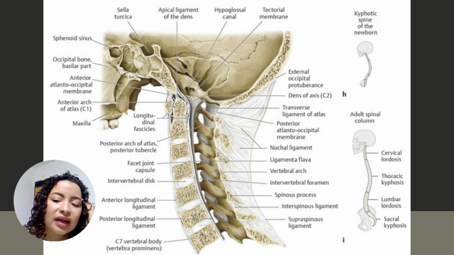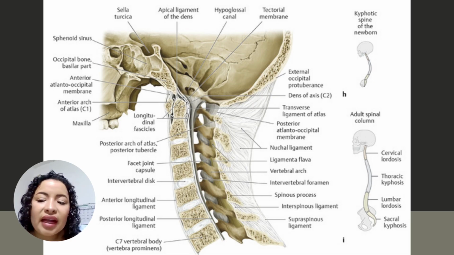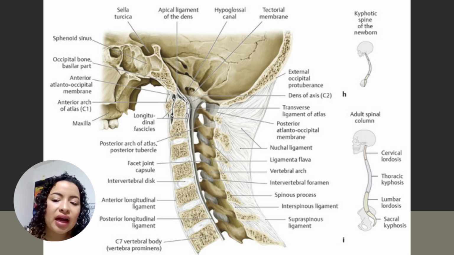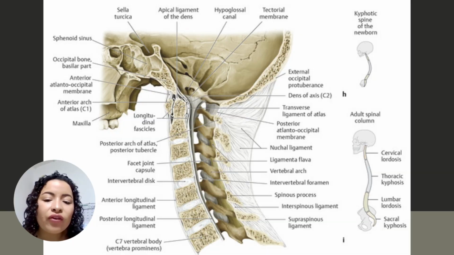Membranes and ligaments also connect the atlas, the axis, and the cranium. The atlanto-occipital membranes, anterior and posterior, pass through the margins of the foramen magnum and the atlas, limiting the movements of the atlanto-occipital joints.